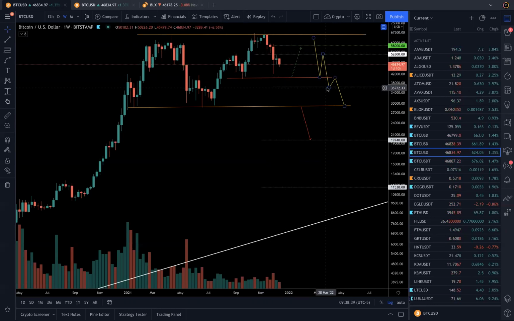And keep in mind that 52k will change the game, and 52k and 58k will change the direction, and 52k and 58k will provide a required boost for a new all-time high. I'm trying to make it very simple. It is very simple, but actually it is difficult only when you have conflict.